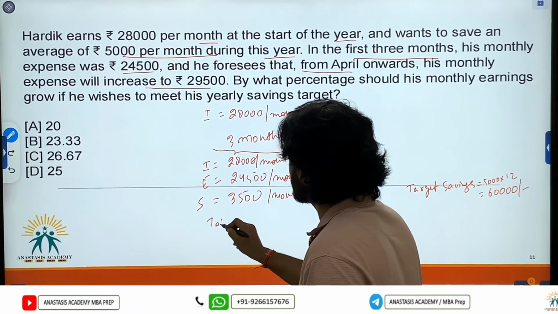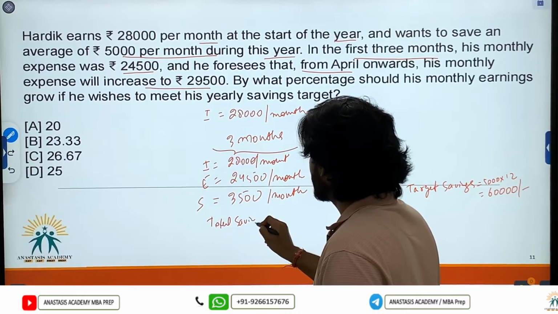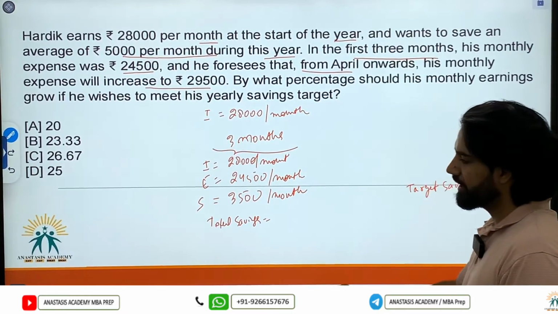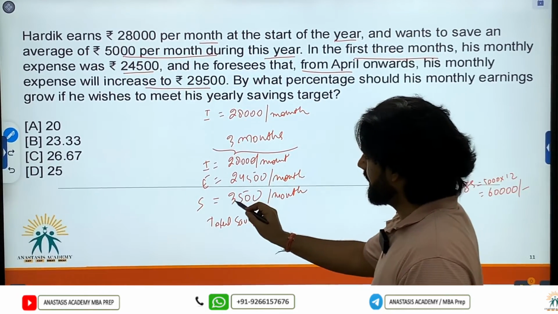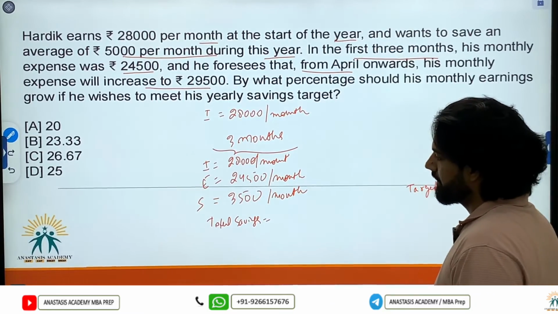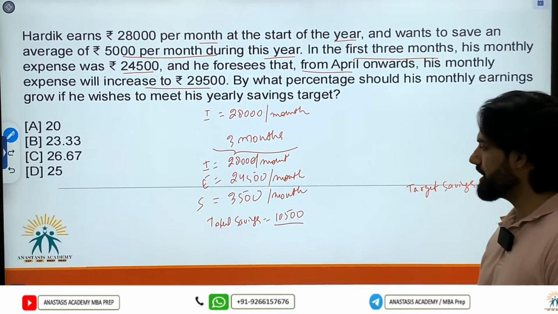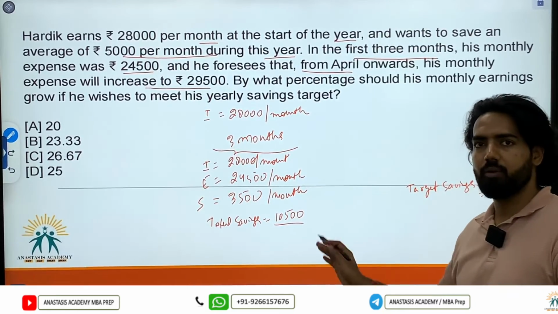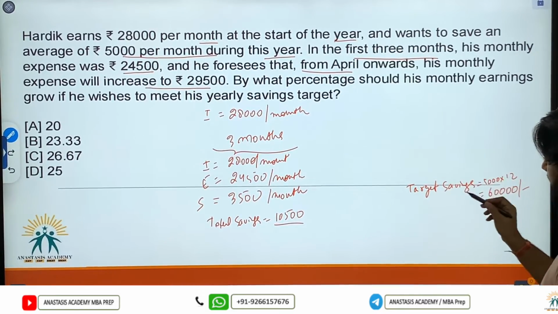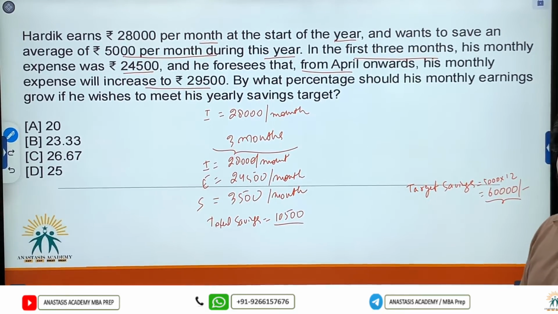So total savings in these 3 months would be 3 times 3,500, which is 10,500, right? So he was able to save only this much, 10,500, but his target savings is 60,000.